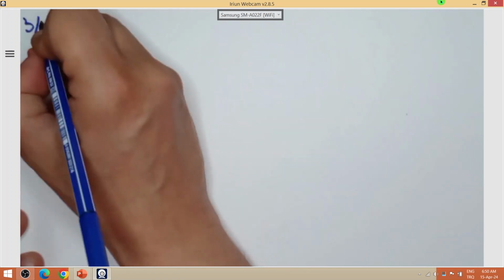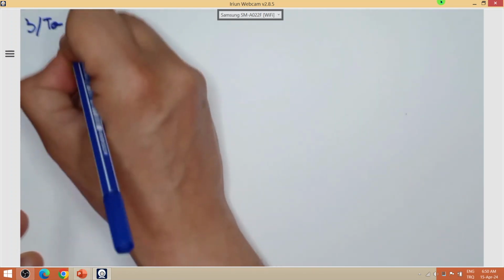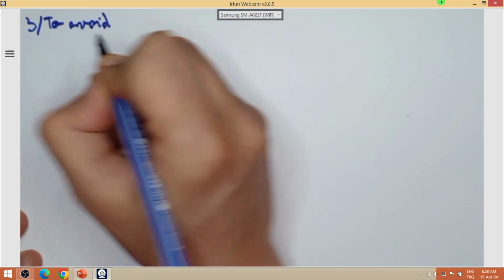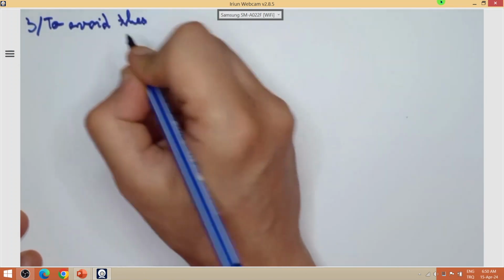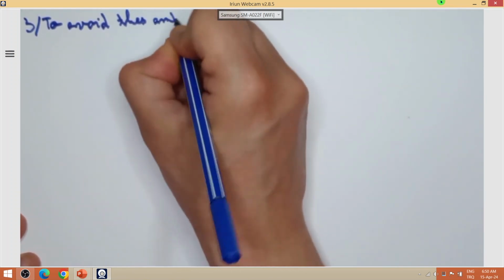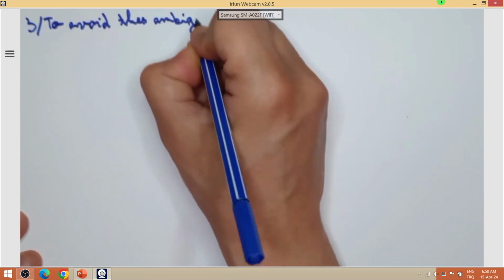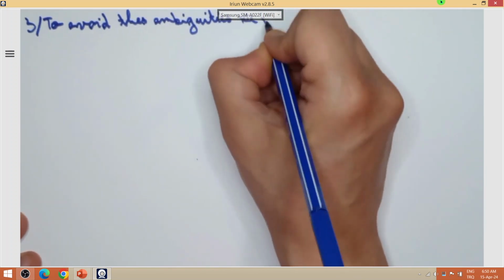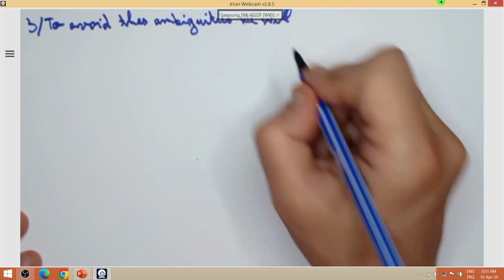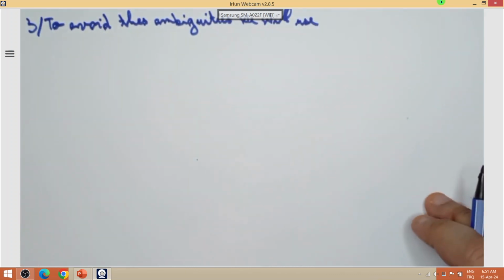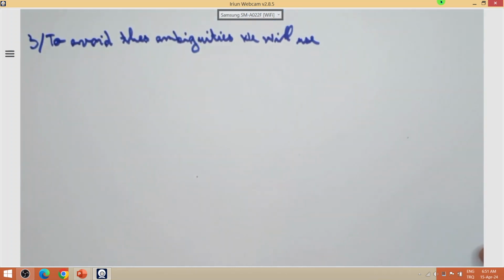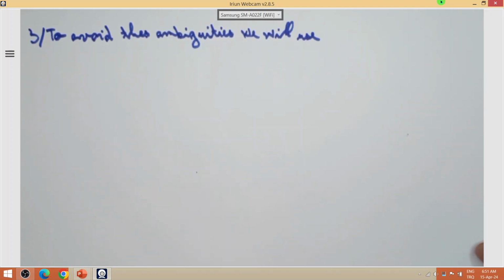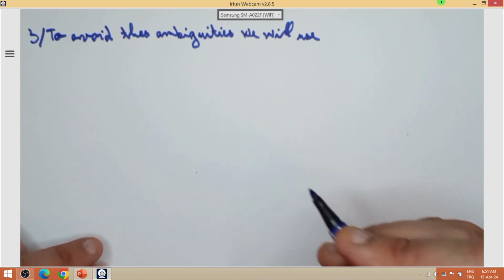So we will write, to avoid these ambiguities, we will use engineering notation.